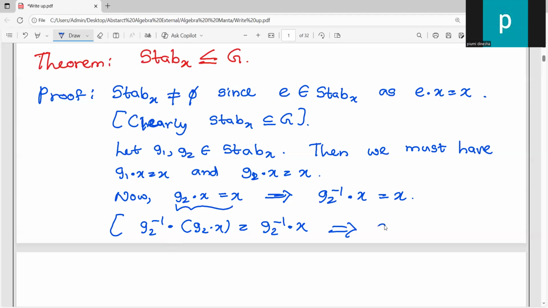What do we have? We have g2 inverse g2 dot x equals g2 inverse dot x. g2 inverse times g2 is simply the identity, which is e dot x, simply x. So we have this element to be e dot x, which is equal to x, and what we see on our right-hand side. So if g2 is in the stabilizer of x, g2 inverse, the inverse element, also is in there.